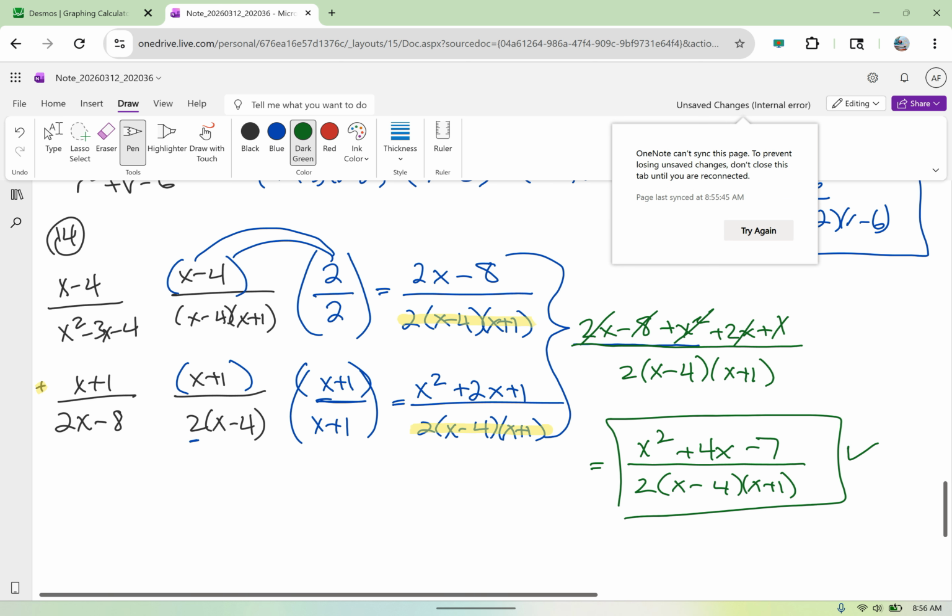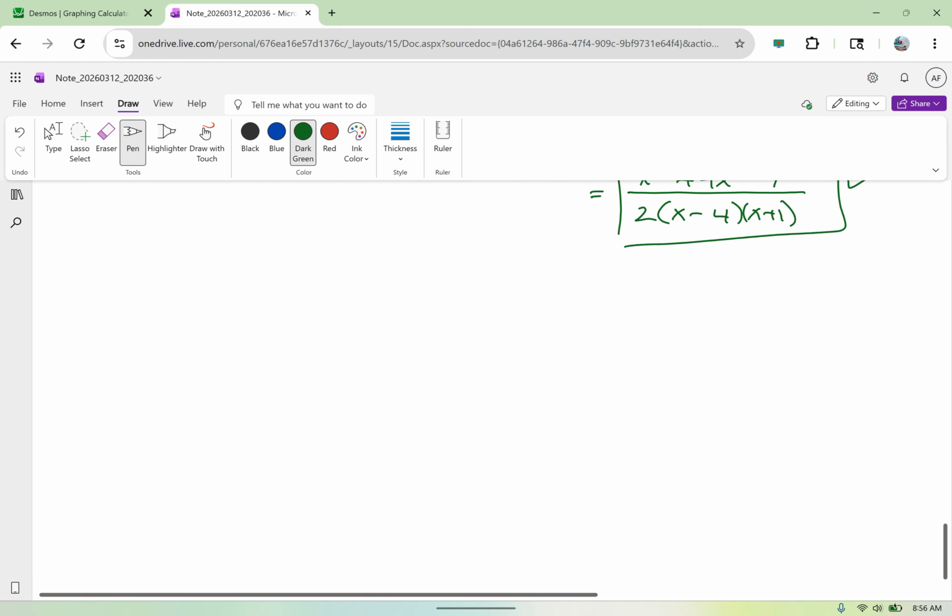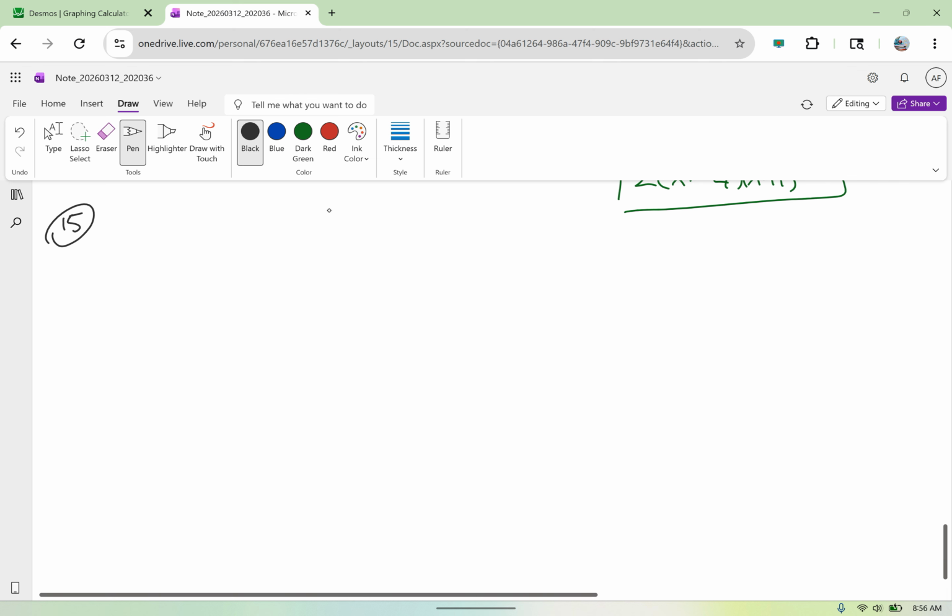Okay, so our next section, 15. 15, determine the perimeter of the rectangle.